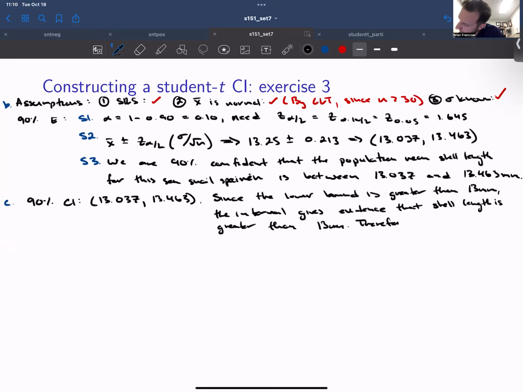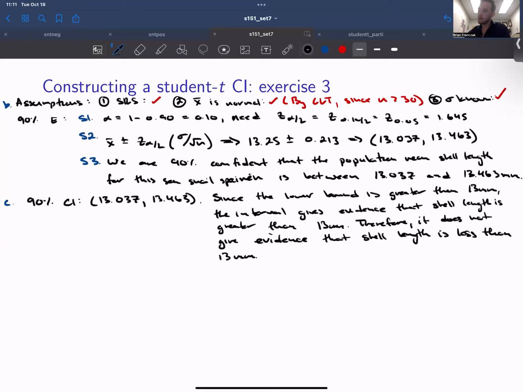Therefore, it does not give evidence that shell length is less than 13 millimeters. We've seen a similar type of problem before, but essentially what the interval is telling us is where we believe the population mean lies.